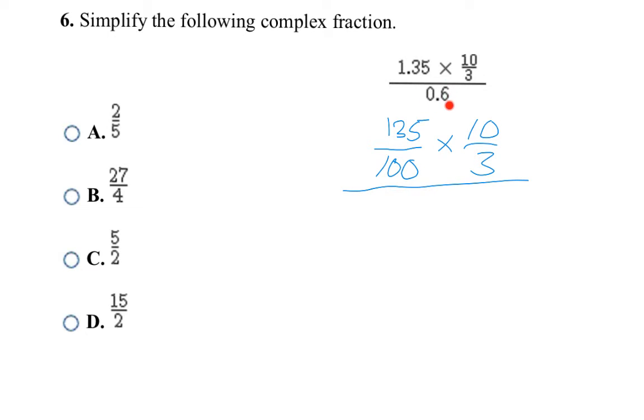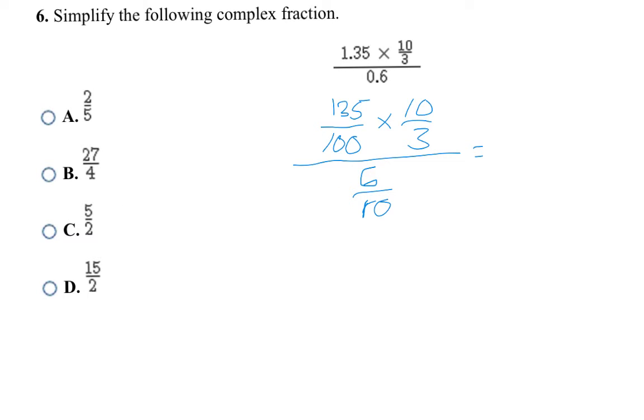The last decimal place value here is in the tenths column. So that means my denominator is going to be 10, and I'm going to take that entire number, 0.6, and drop the decimal, and that's going to be my numerator. So I'm going to have a 6 as my numerator.